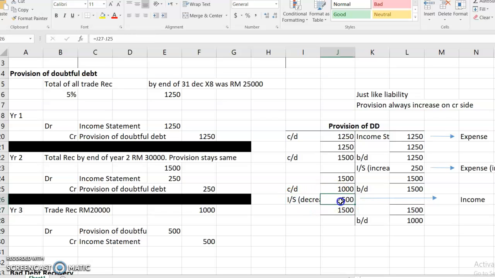So 500 is missing, so we write here 500. So we debit provision of doubtful debt and we credit income statement. But this time it's not increase in provision, it's decrease in provision. From 1500 it decreased to 1000, it decreased by 500. In the earlier scenario there is an increase, from 1250 to 1500. Here it decreases from 1500 to 1000.